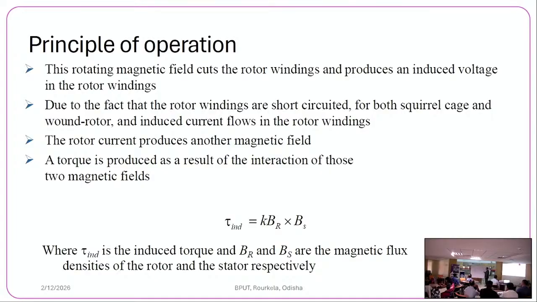And what is the magnitude, the RMS value of the rotor induced EMF? E0 is the EMF induced in the rotor, RMS value, when the rotor is not rotating. If the rotor is rotating at a slip s, it is s times E0. If the slip is 10%, then one tenth of E0 will be produced at that condition.